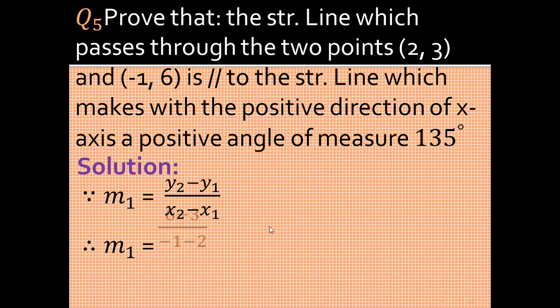That means 3 minus 6 over 2 minus -1, or we can start from 6 minus 3 over -1 minus 2. 6 minus 3 equals 3 over -1 minus 2 equals -3. 3 over -3 equals -1. And this is the slope of the straight line which passes through the two points (2, 3) and (-1, 6).